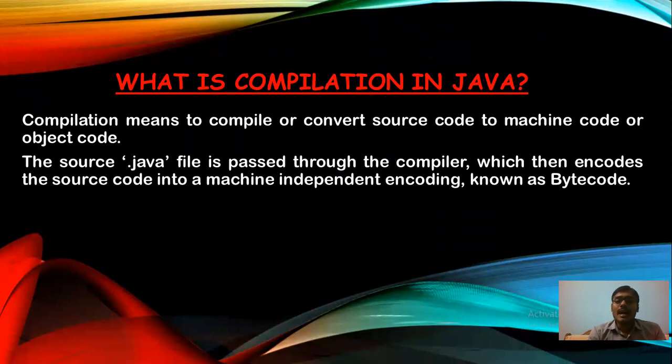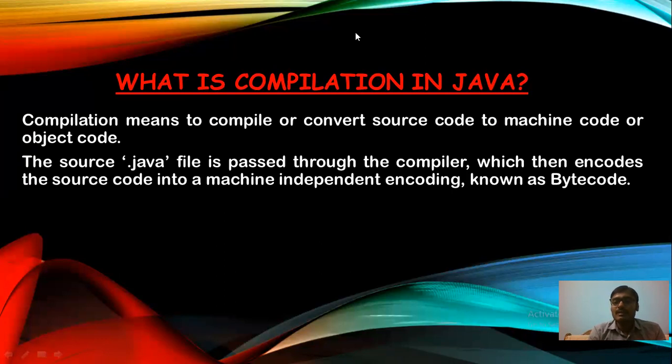Compilation means to compile or convert source code to machine code. Whatever program you are writing in Java, it is very similar to the English language. You can understand it. And how will the computer understand that program? The Java program must be converted into machine code.